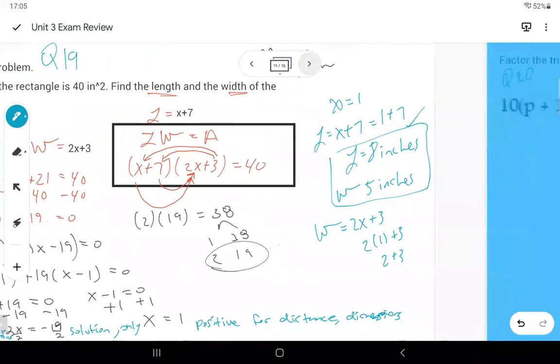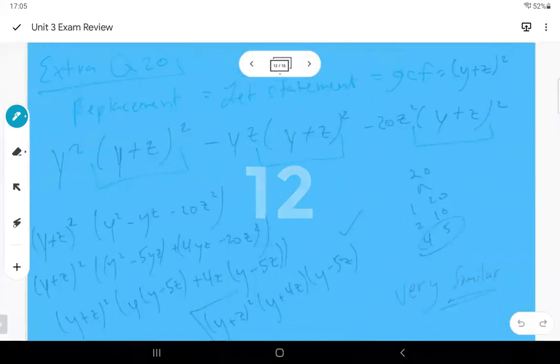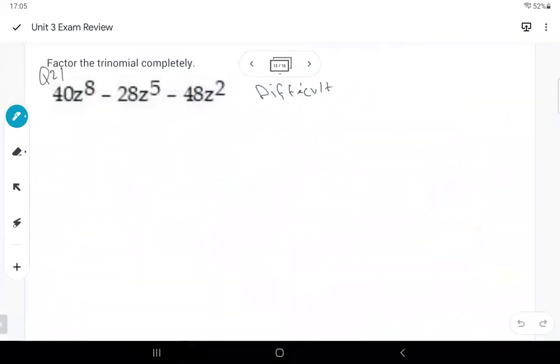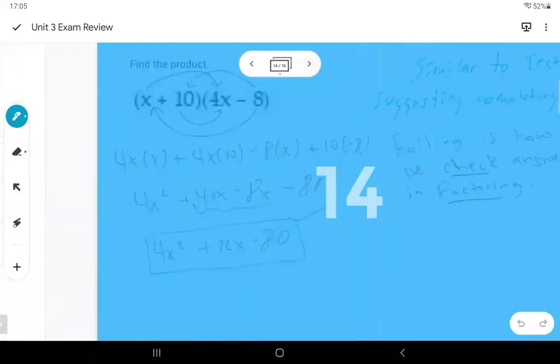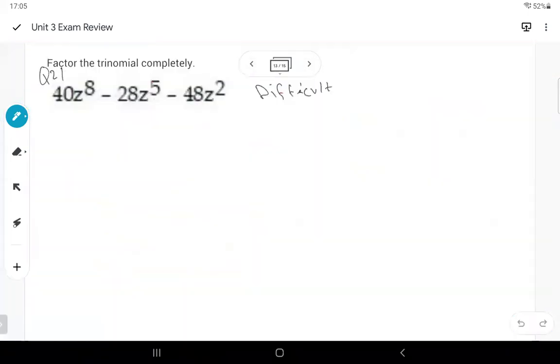One more problem before we go over 19, and that is 21. Yes. Okay, so this one's kind of difficult. I think 19 is a little bit harder, and 18 is the hardest for sure. So we're going to pull out a 4z squared.